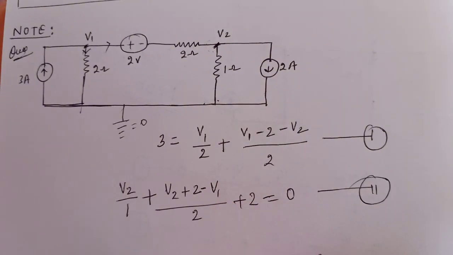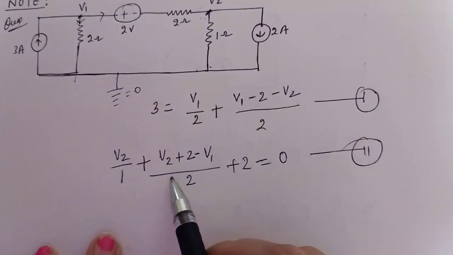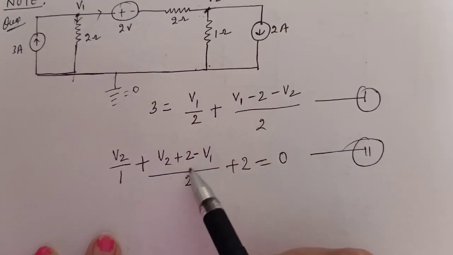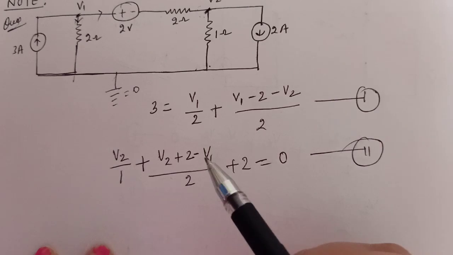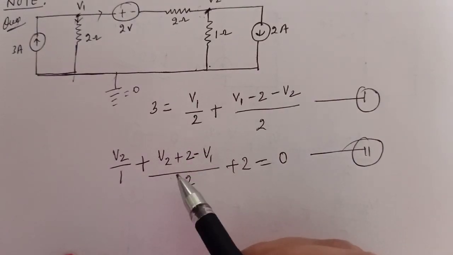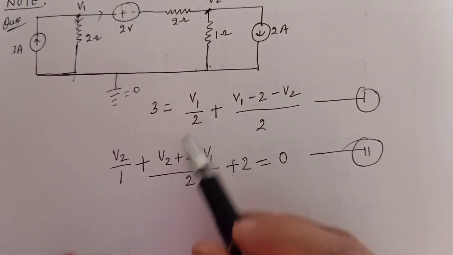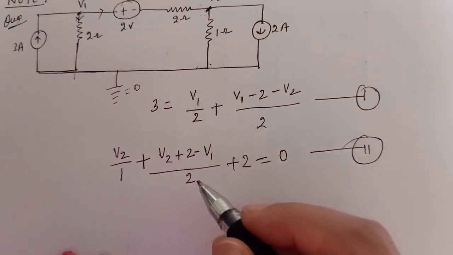This is another equation. So solve these equations. Two unknowns are there, V1 and V2. Two equations are there. So two unknowns can be solved by using two equations. Solve these two equations and you can get the values of V1 and V2.